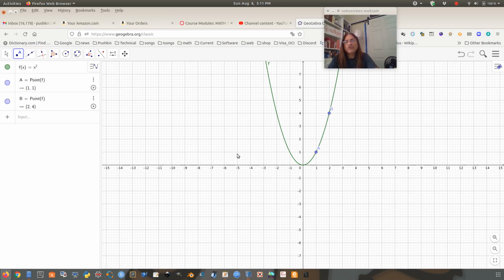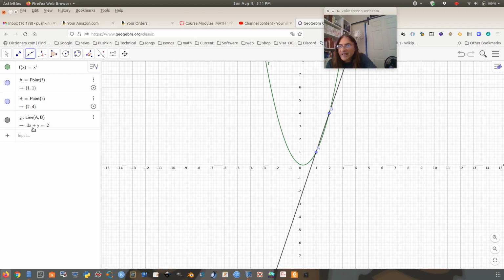And then we want to draw a secant between these 2 points, a straight line between these 2 points. Okay. So from A to B. Okay, that's the line we are drawing.